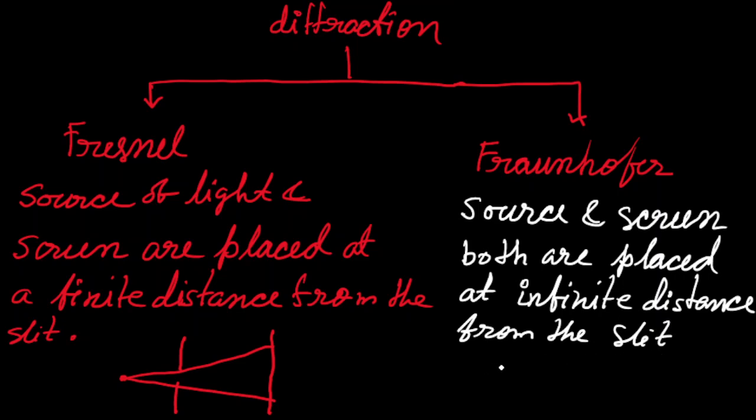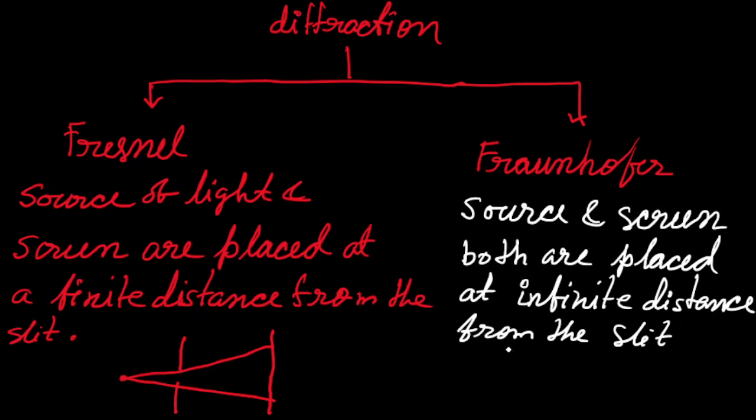But usually we do this experiment in our lab. So how is it possible that we can place the source and screen at infinite distance? For that we use some optical engineering. How will we make this experimental setup?